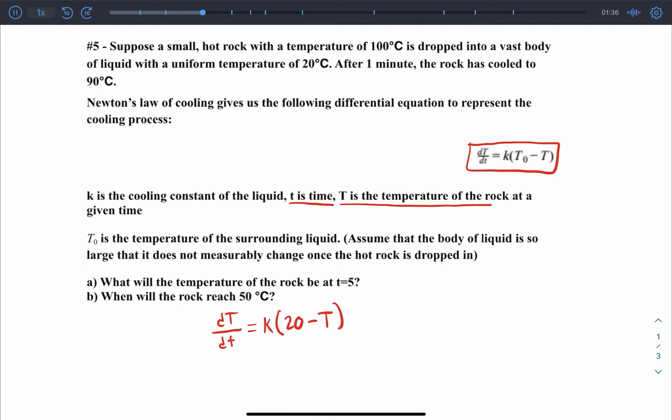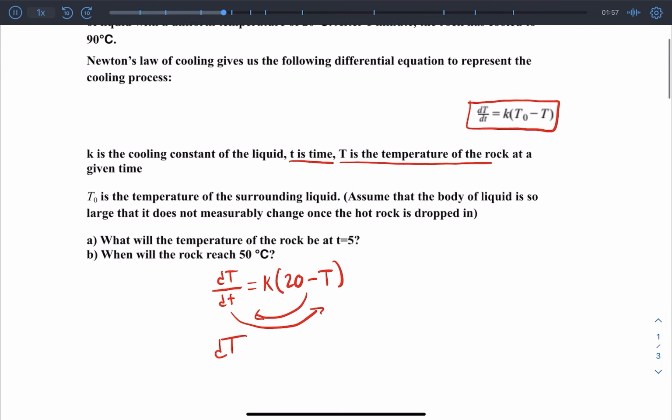Now we want to isolate that big T, the temperature of the rock at a given time, and solve for it in terms of time. To do that, let's move that term to the other side of the equation and bring our dt over here.